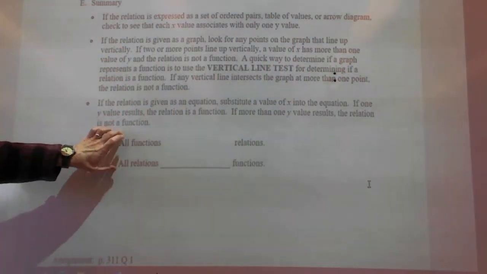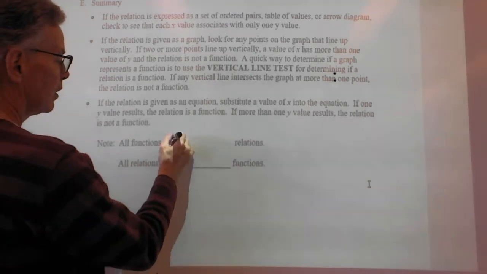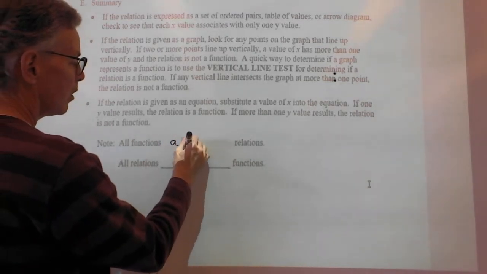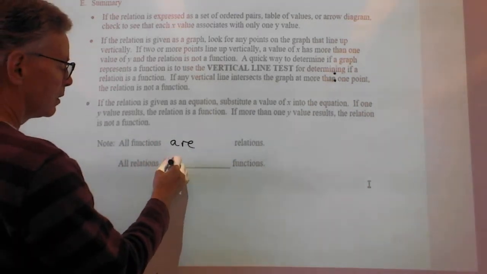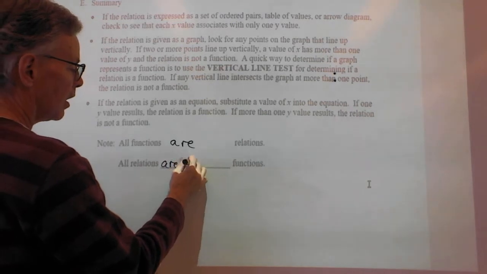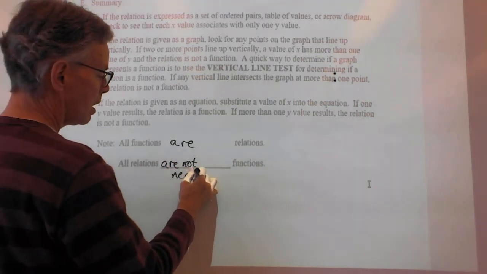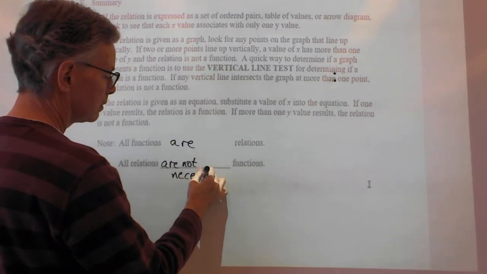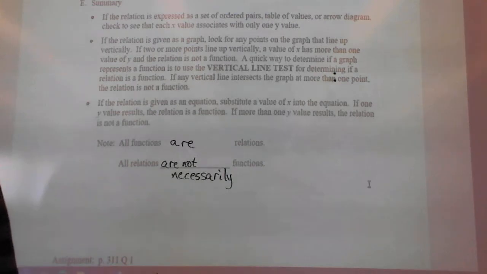But the takeaway from all this is that all functions are also relations. All relations are not necessarily functions. Okay?